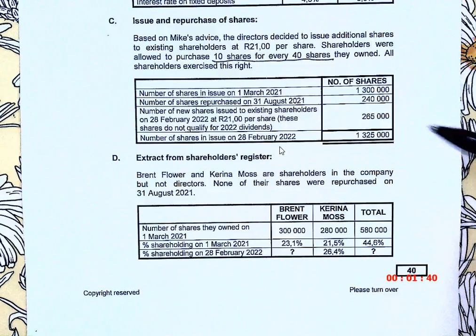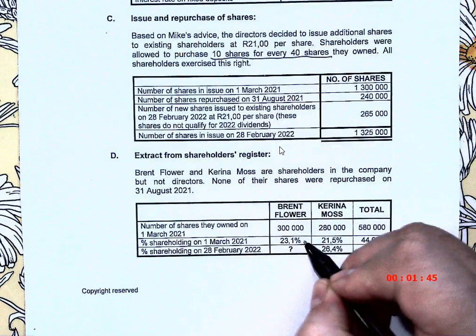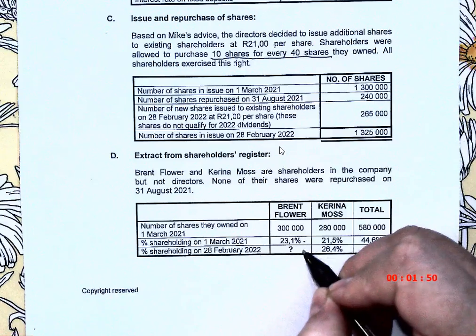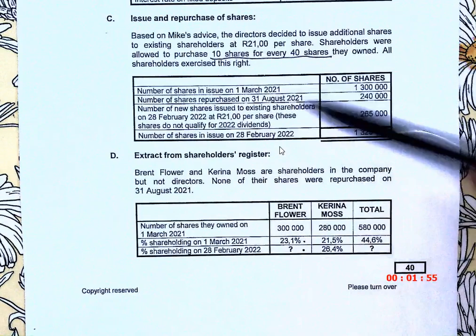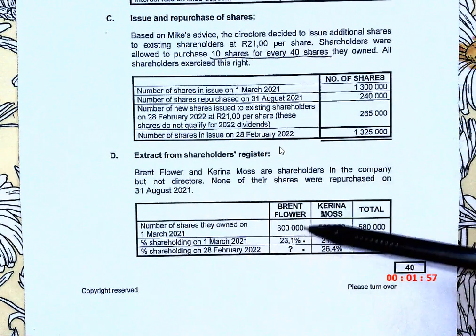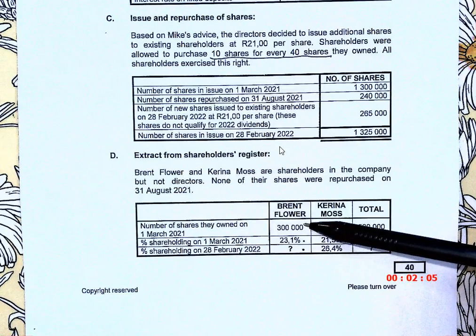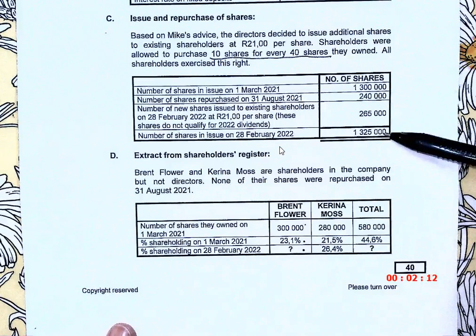Right. So now, can you see, if I look at Brent, his percentage shareholding was 23.1 at the beginning of the year. What is it at the end of the year? Now, if I can calculate how many extra shares he bought, I can calculate his percentage of the 1,325, because that's his shareholding now.